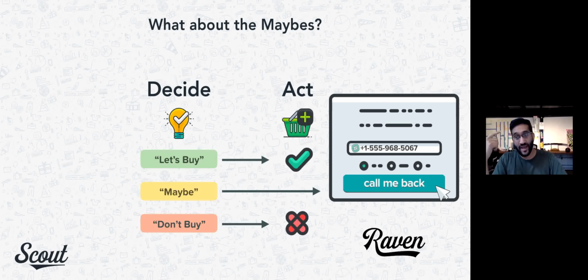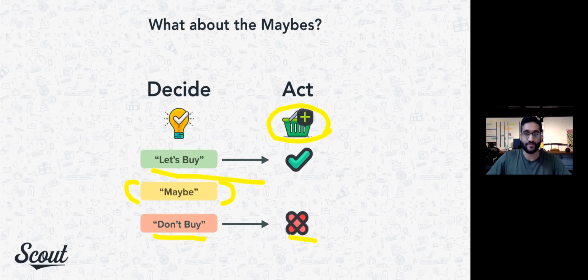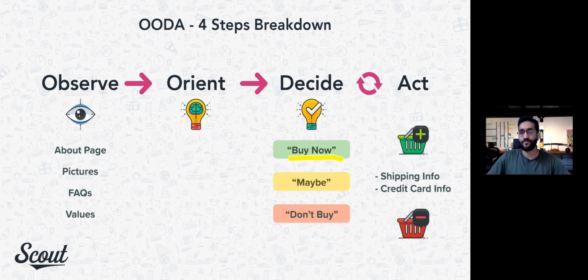You can understand how they're orienting themselves. When you start talking to a customer and asking for feedback, you're basically understanding where they are in terms of their orientation, right? And when you understand where they are in terms of their orientation, you can give them the information to help them get to a buy now decision, or maybe a buy later, at the very least a buy later decision, but you want to help them get to that positive decision.